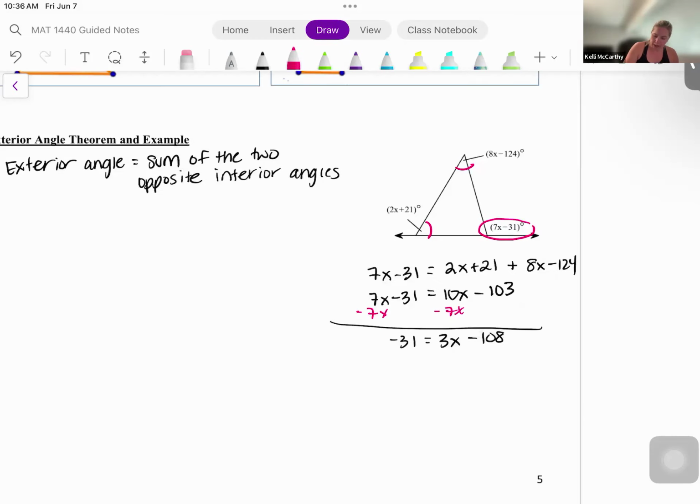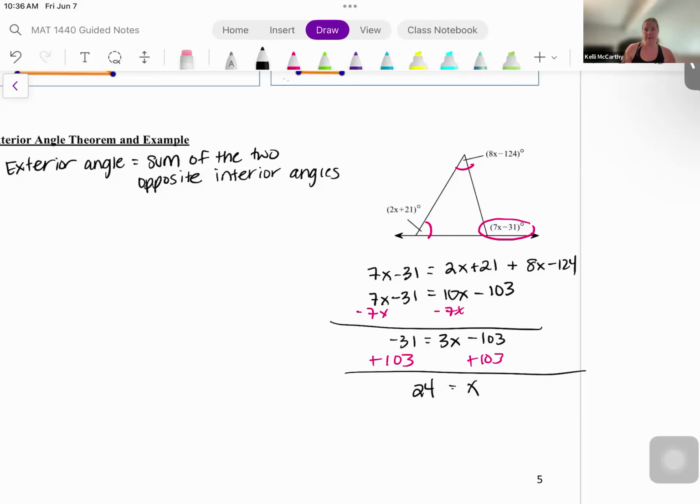So now we're going to add 103, or sorry, 108. Oh, this should be 103, excuse me. Minus 103. So now we're going to add 103 to both sides. We get that x is equal to 24.